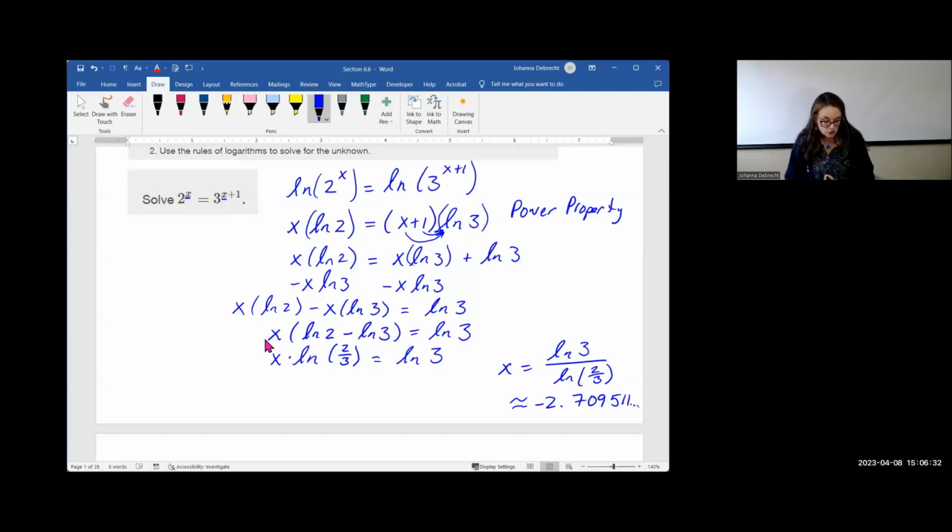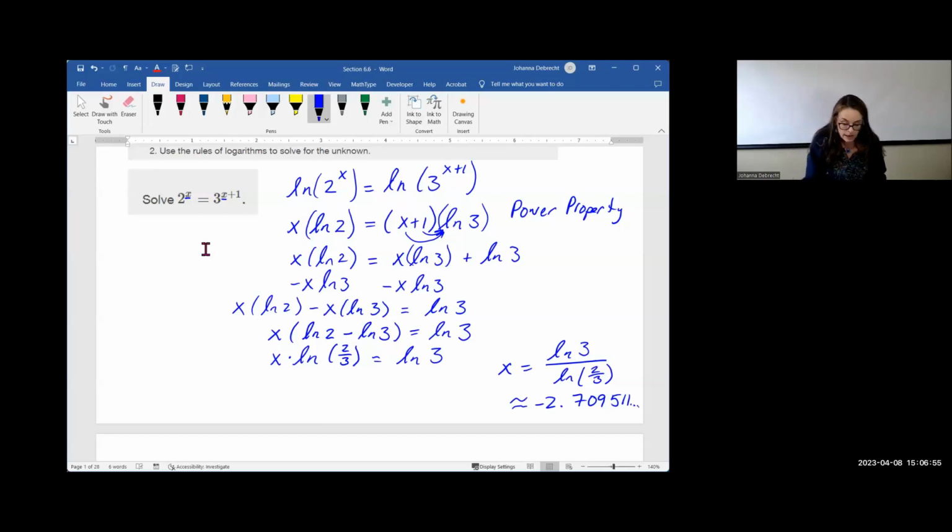Now I'm going to store this value because I want to check it and see if it actually works. So store A. Remember, we always have to look for solutions that don't actually work. I want to take 2 and raise it to that power, using the caret symbol for the power, and then recall that value.